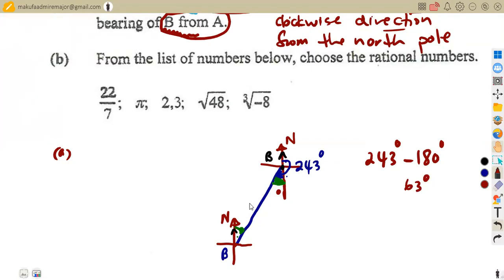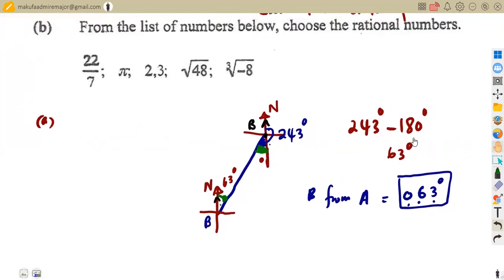But we are saying this is a 3-figure bearing. Here you can write 63 degrees, but on the answer, the bearing of B from A is going to be equivalent to 063. A 3-figure bearing, our answer is supposed to have 3 digits: 1, 2, 3. All right, so that was the case of our question.